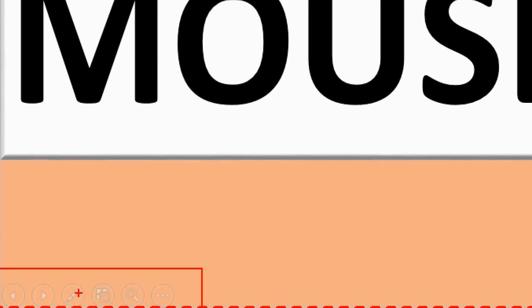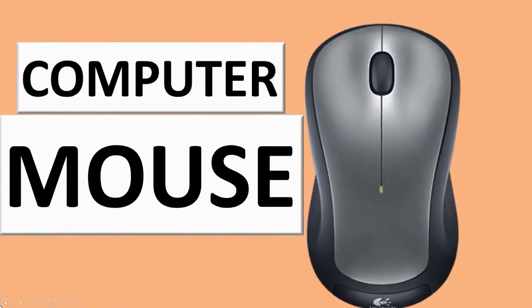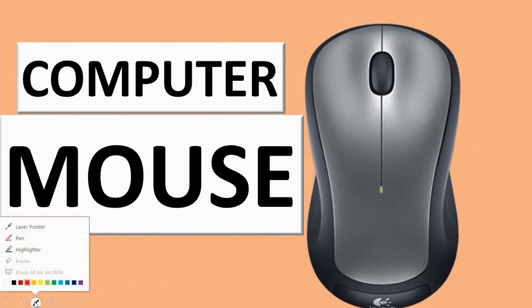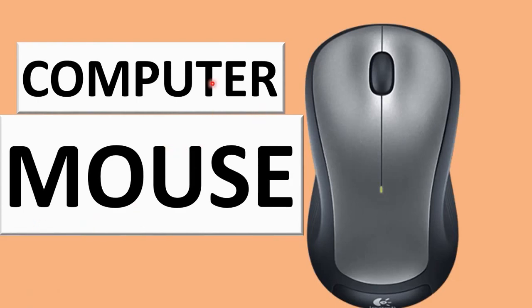And if you look at this middle one, when I click on that button, it tells me that I can use my laser pointer. So I click on the laser pointer, and this is what I get. If you're making a presentation, that is really good too, a cool tool to use.